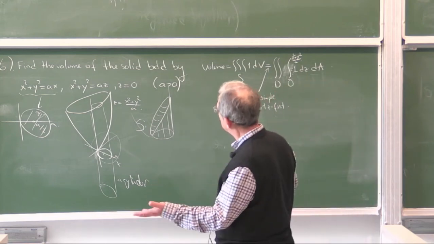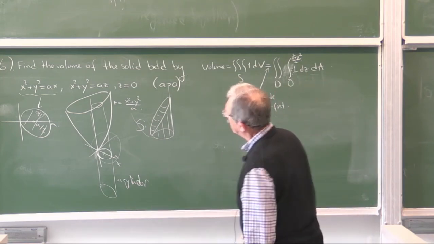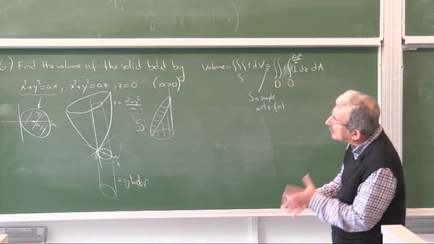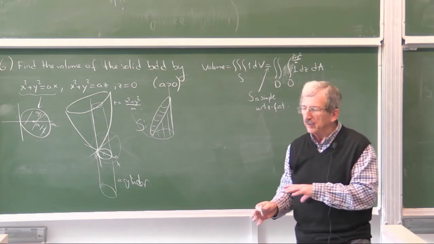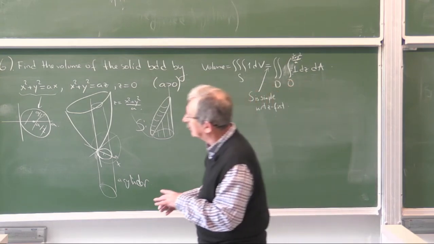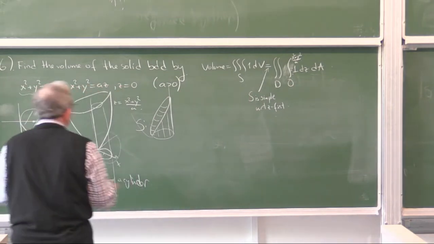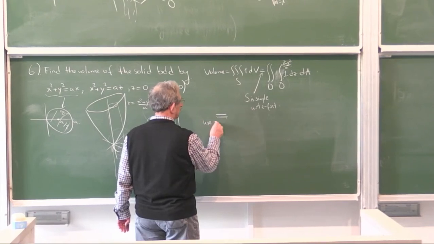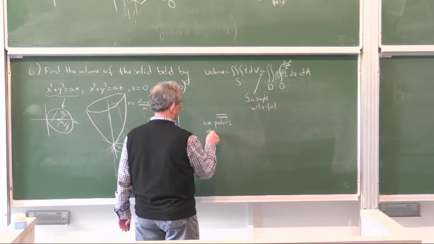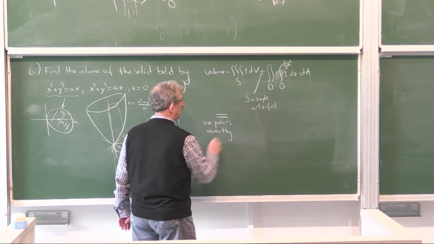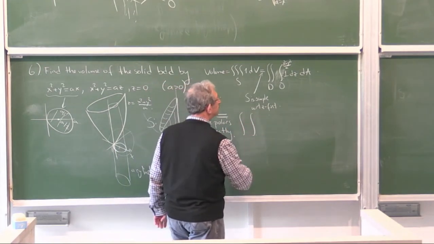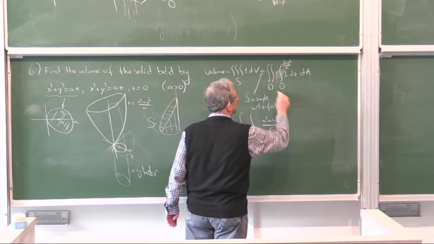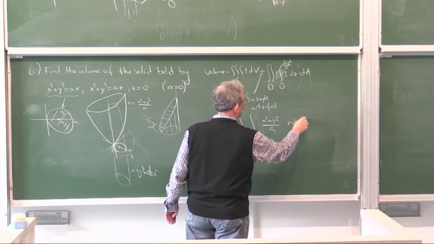Now A, being a circular region, but shifted, you may want to use polars if you want, so perhaps we should use polars directly. That tells us that we have the integral of x squared plus y squared over a with respect to z, r dr d theta.